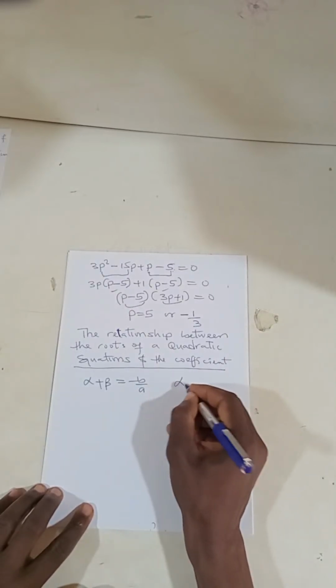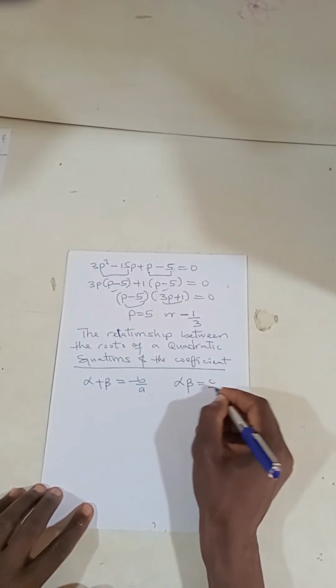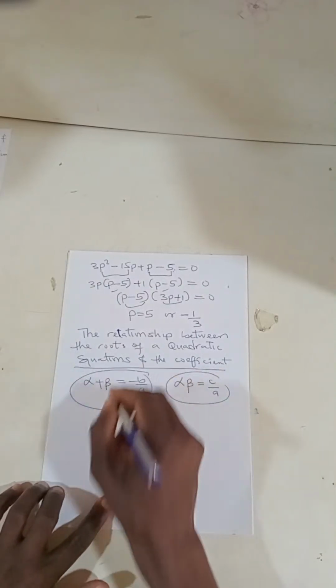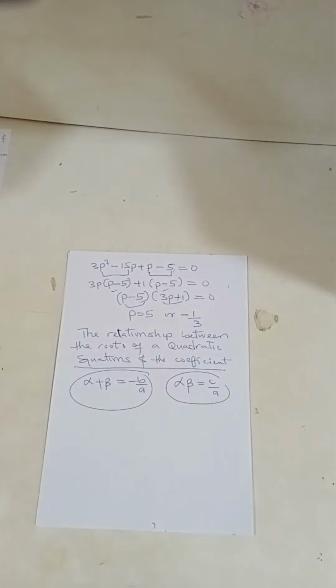And then the product of the roots is c over a. We're going to see applications of all these shortly. Okay? And the next thing we want to look at is the important identities.